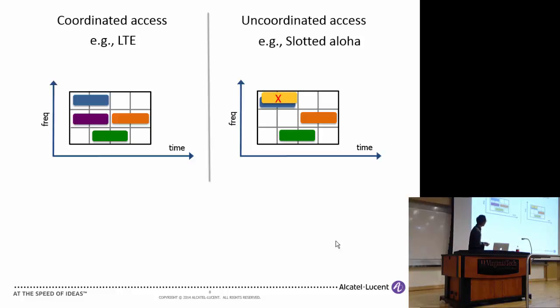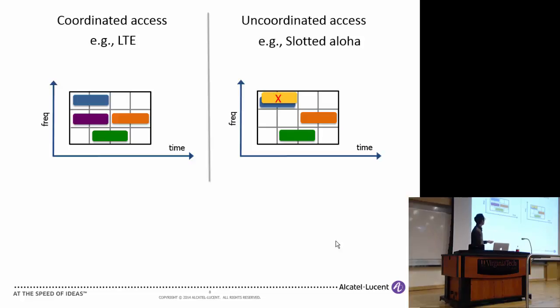In contrast to that, in an uncoordinated access, if a device has data to send, it just sends it. It doesn't wait for some information from the network to tell it how and where to send. The device has some protocol, some rules programmed into it, so that when it has something to send, it'll follow those rules and send it. You might have some collisions.